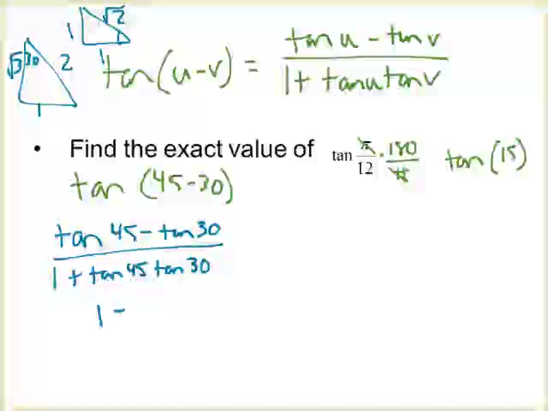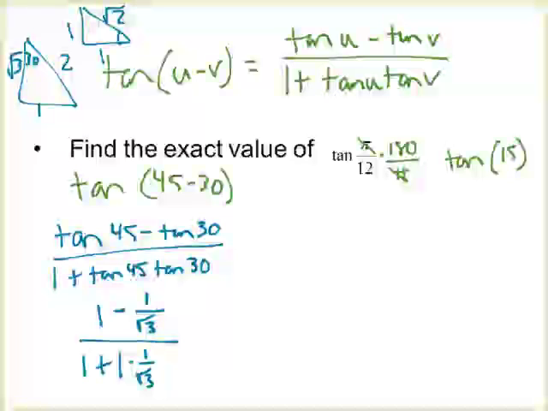Minus tangent of 30, opposite over adjacent there: 1 over square root of 3. This is the messier one. Over 1 plus, then it asks us the same two things, but we're going to multiply them, so 1 times 1 over the square root of 3, which is just really 1 over the square root of 3, right? 1 times anything is itself.